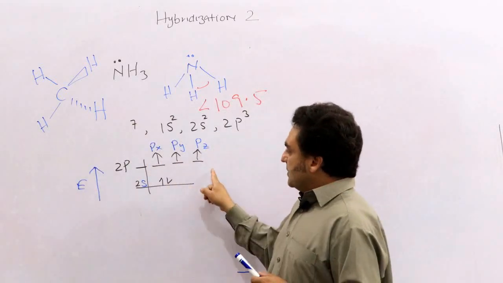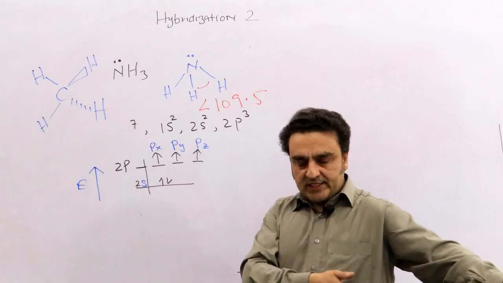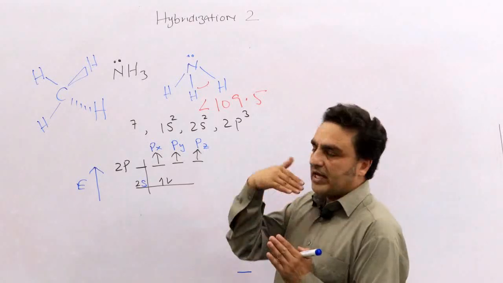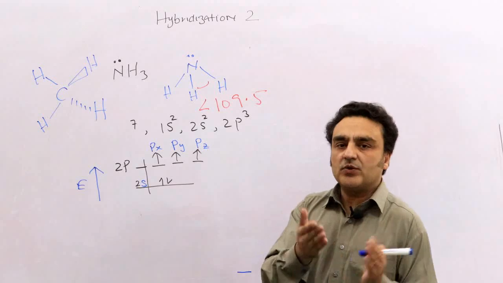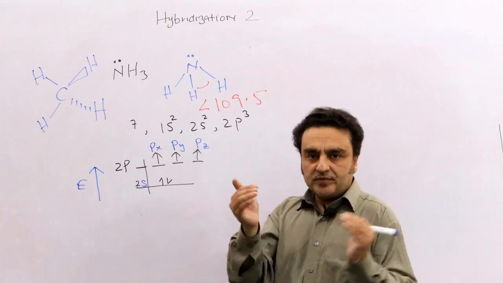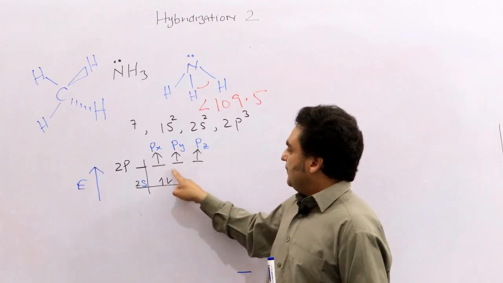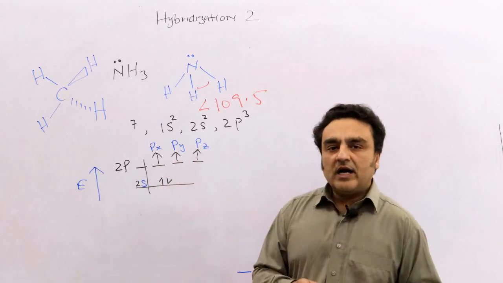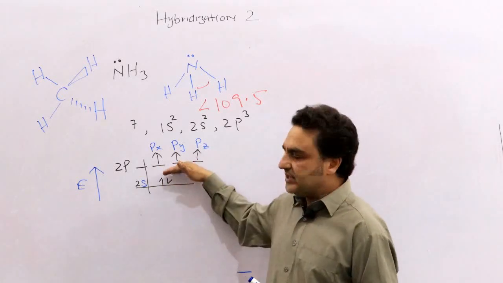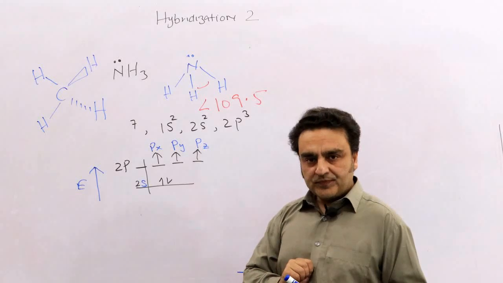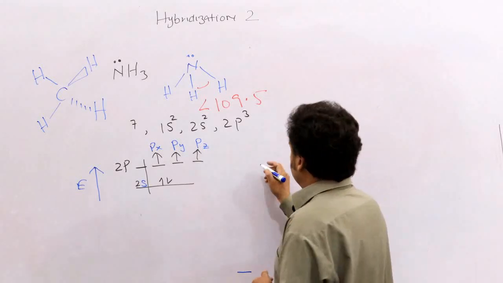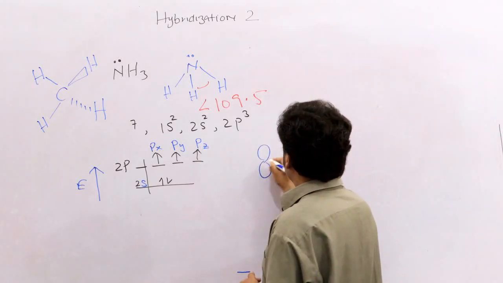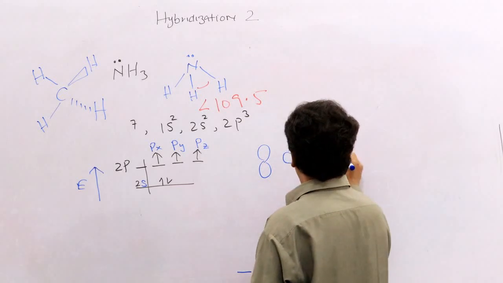Suppose no hybridization is done and we know nothing about hybridization. Let us explain it with simple unpaired electron bonding. Without hybridization, this can form 3 bonds, with px, py and pz.